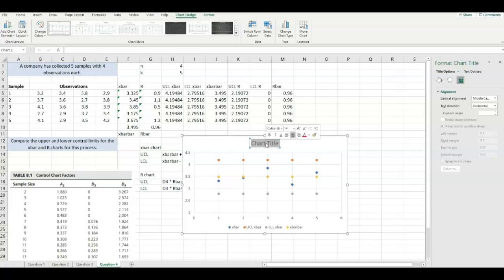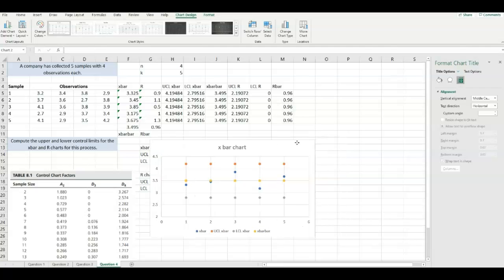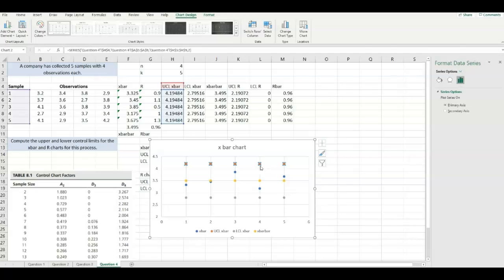All right, so let's title this X bar chart. Now, we aren't done yet. What we need to do now is format our upper, lower control limits and our X bar. So if we tap on our upper control limit here, it'll select all of these different data points.